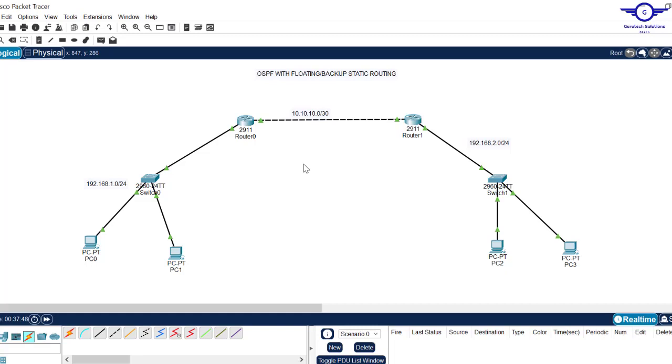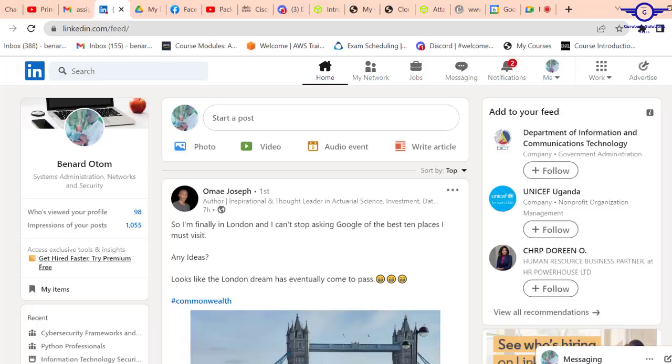To make OSPF the primary routing protocol, we must configure a backup static route with a higher administrative distance.